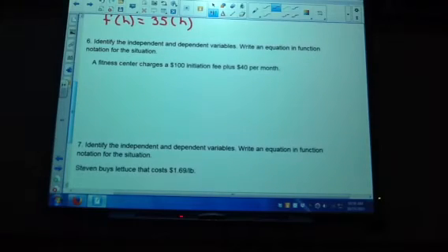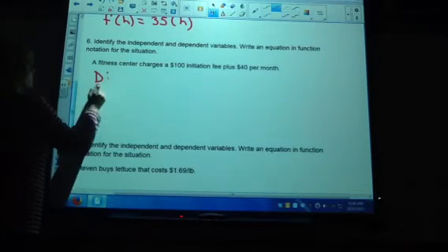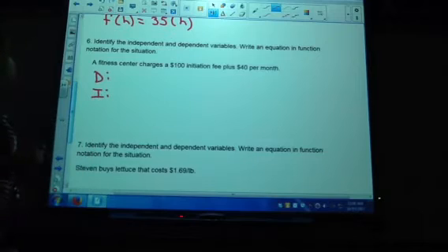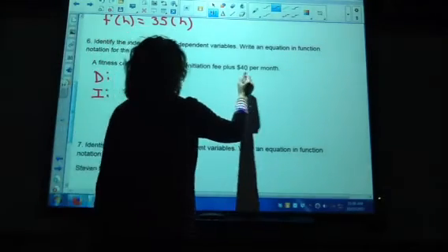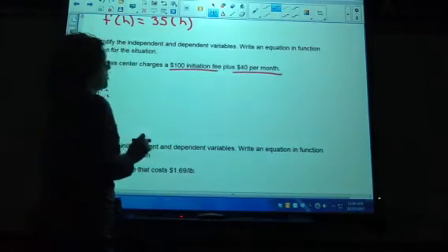Let me check our time here. Okay, identify the independent and dependent variables. We're going to do the same thing. Okay, a fitness center charges $100 initiation fee plus $40 per month.